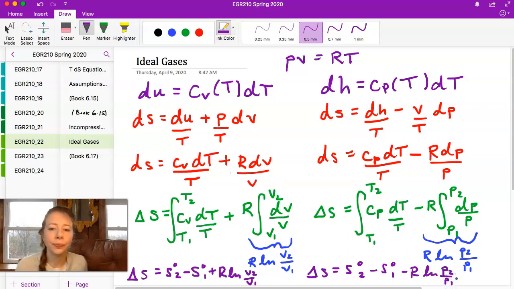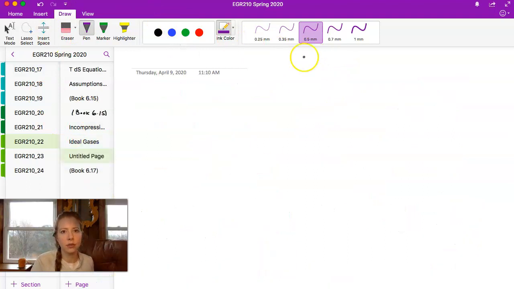Okay, and so what is this S degree 2 and this S degree 1? So let us talk about this on a new sheet. So we're going to use the tables. So this is going to be ideal gas.